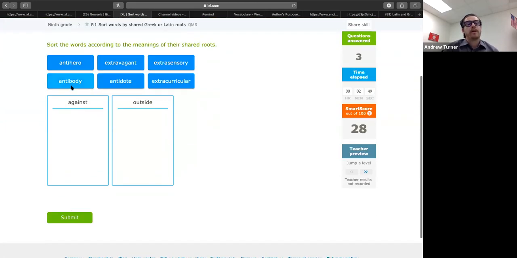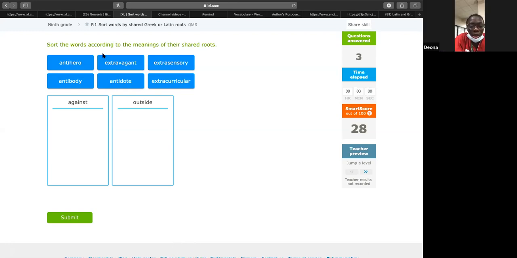All right, let's do another one. One means against, and then the other list is going to be outside. So anti-hero, extravagant, extrasensory, antibody, antidote, and then extracurricular. Extravagant is outside.